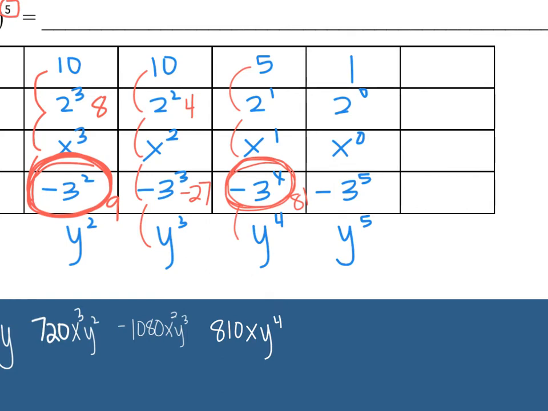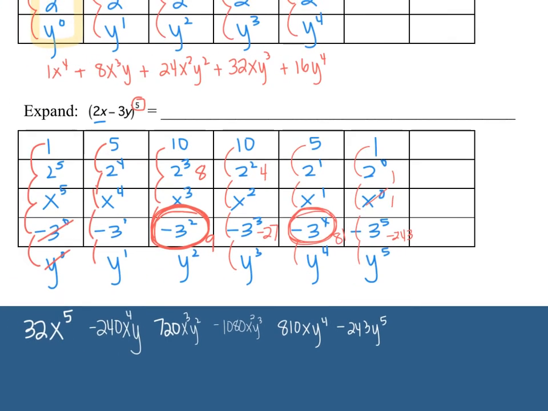And then finally the last one, 1 times 2 to the 0, which is 1, times x to the 0, which is also 1, times negative 3 to the 5th, which is negative 243, times y to the 5th. So we get negative 243 y to the 5th.